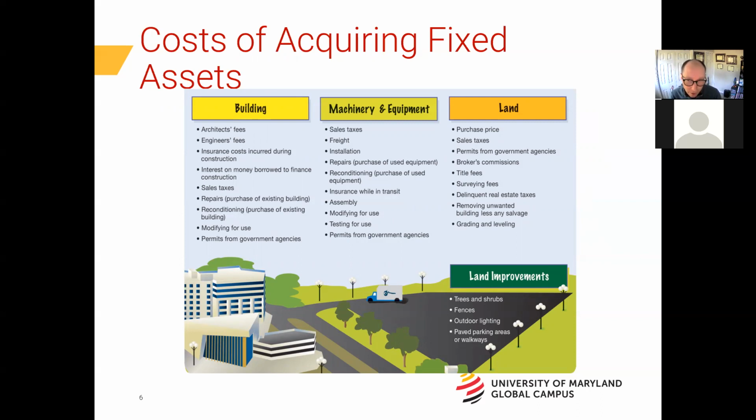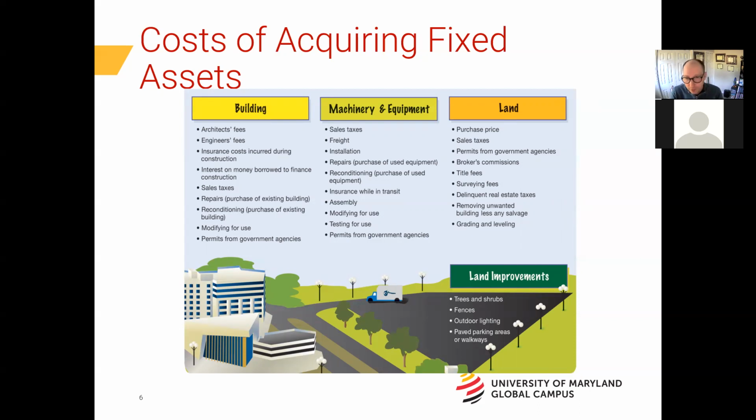If you're buying a piece of land with a building already on it, there's a good chance you're not going to accrue architectural fees or engineering fees, but you'll have other types of fees. So associated with buildings, there's insurance costs, interest on borrowed construction financing, sales taxes, repairs, reconditioning, modifying it for use, permitting, and so forth. The list goes on and on.